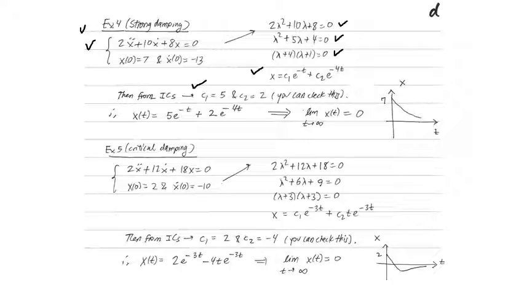Assuming that, then the solution of that initial value problem is 5e^(-t) + 2e^(-4t). And both of those terms are, of course, approaching 0.